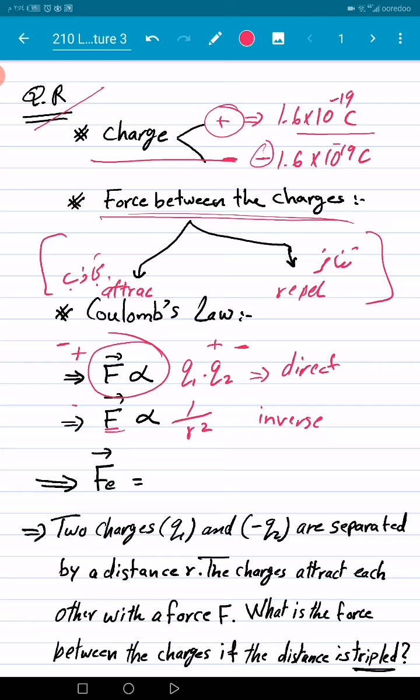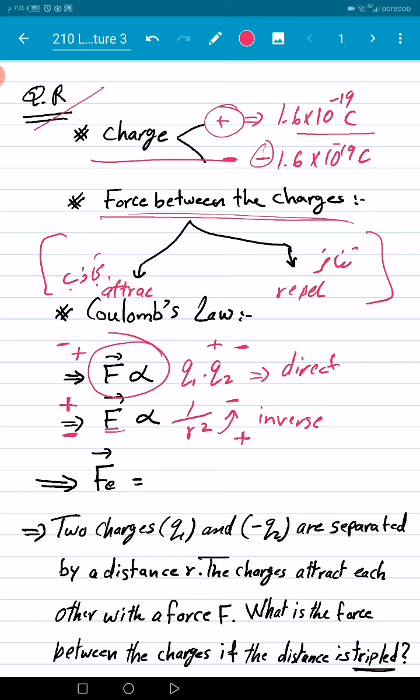For example, if the force is high, that means the distance is short. If the force is low, that means the distance between the charges is bigger.